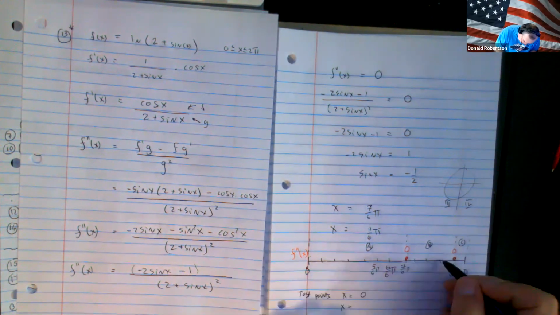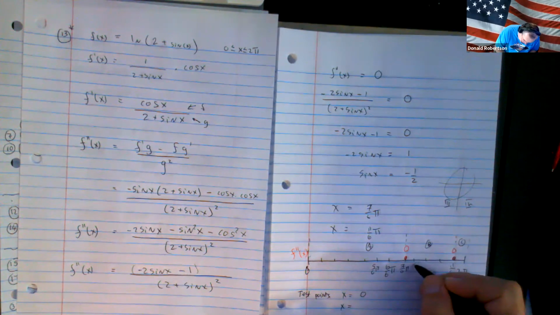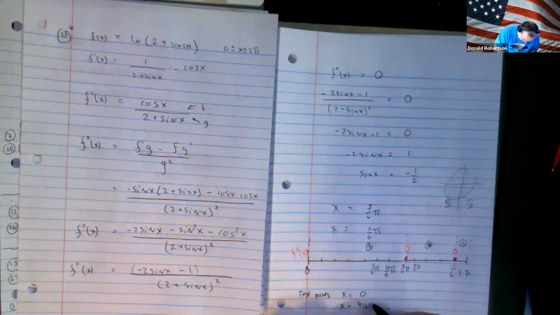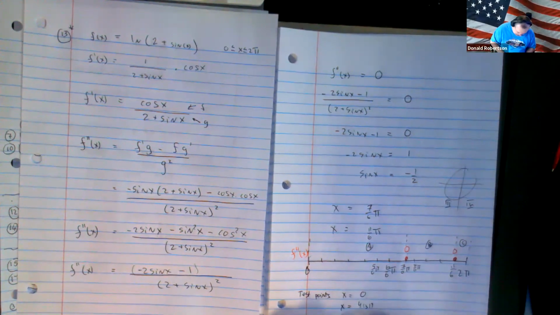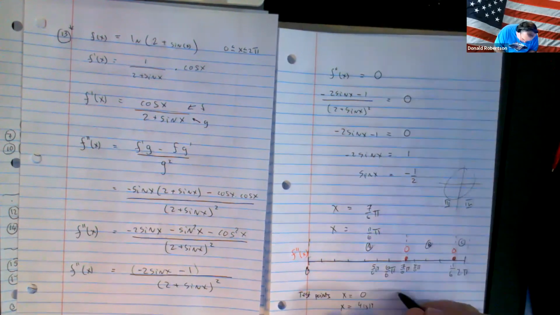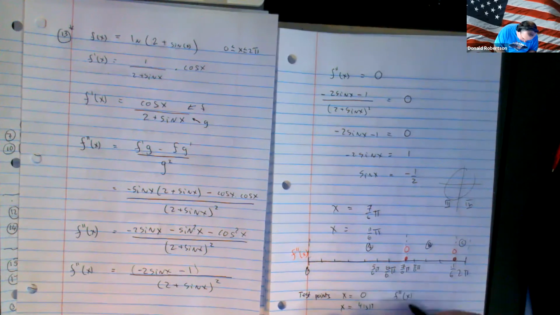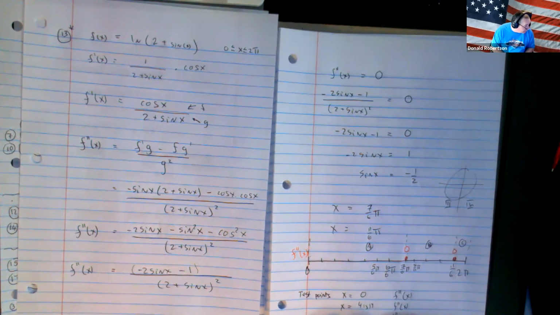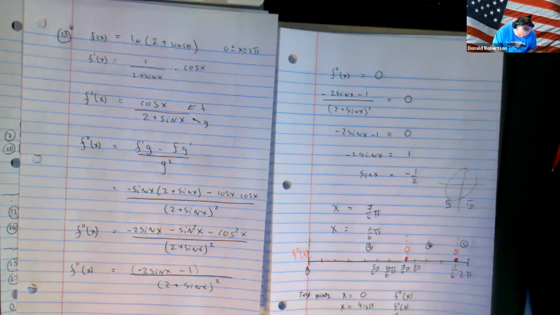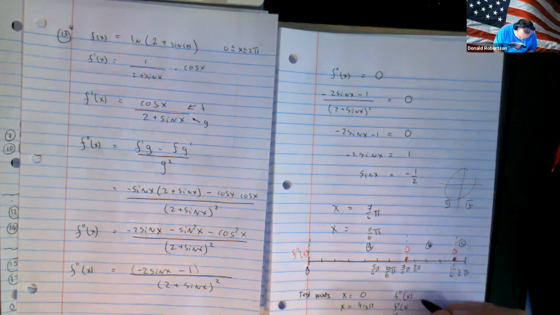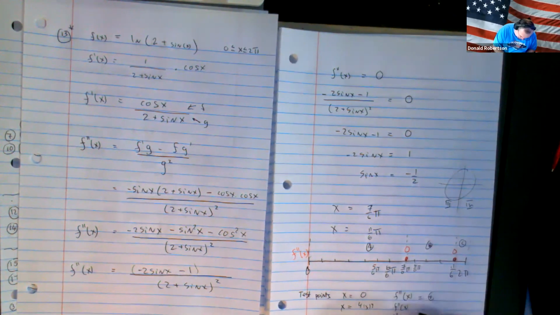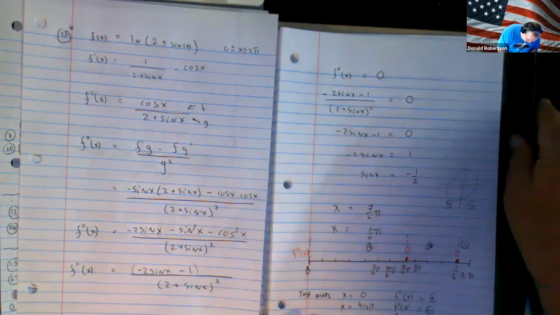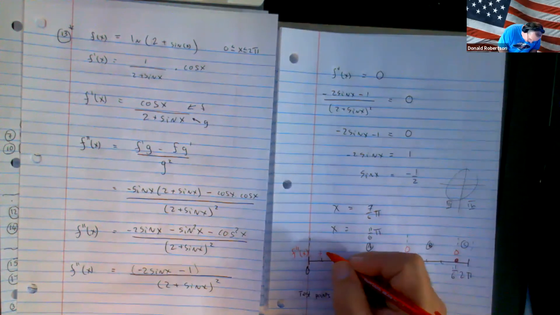In the middle region, 8 pi over 6, or 4 pi over 3, will do. In the last region, I'd probably pick 2 pi. For each one of those, I find the value of the second derivative. You're just going to trust me on this, but this one's positive, this one's negative, and this one's positive. That's something you should double check, but I believe it's correct.